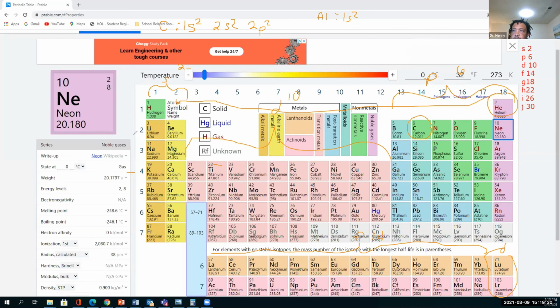Then we go to the next level, so that would be the 2s, 2s2. 2p6. Then 3s2. And 3p1. So that would represent that 1 electron that would be here.